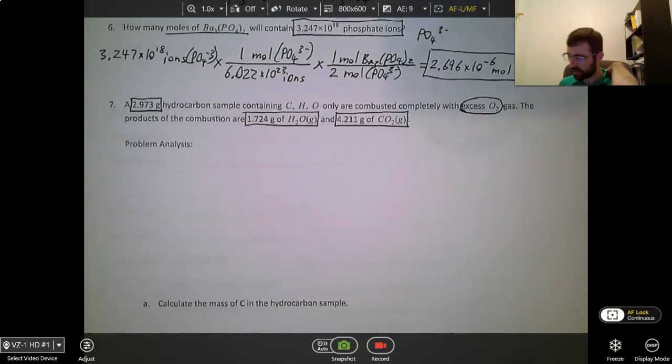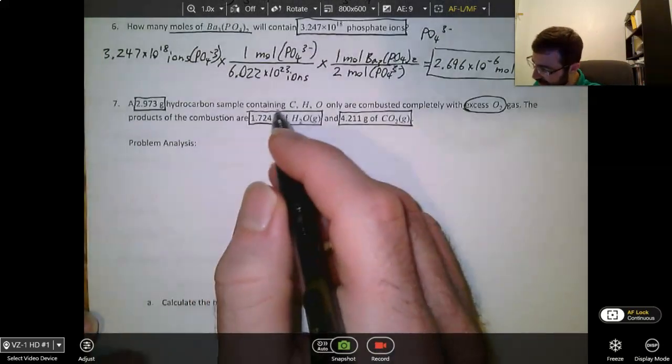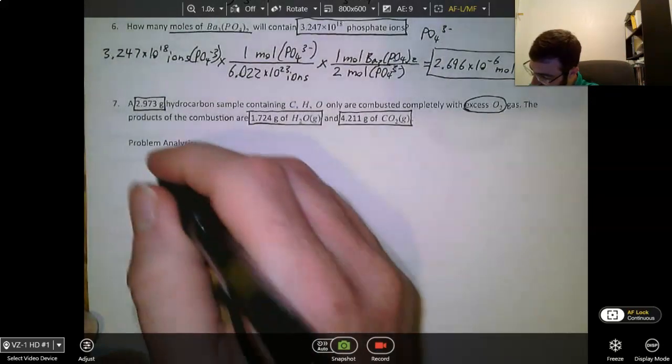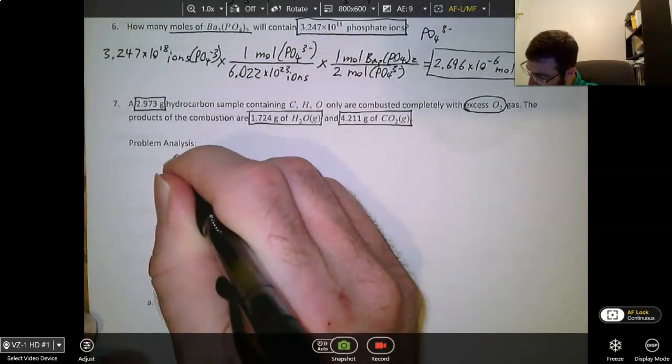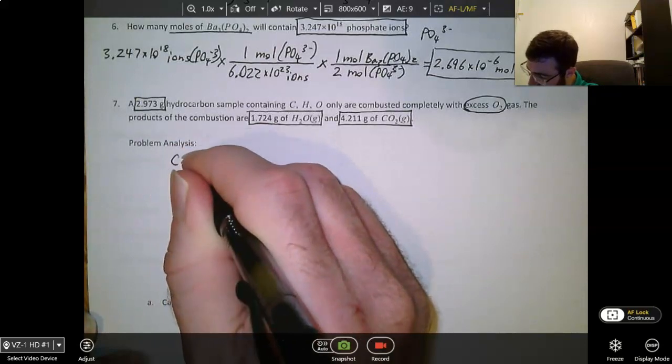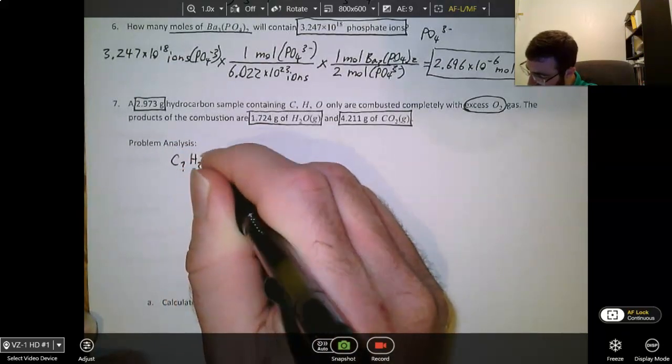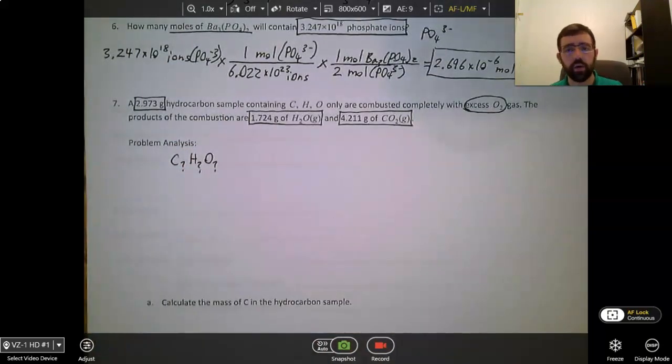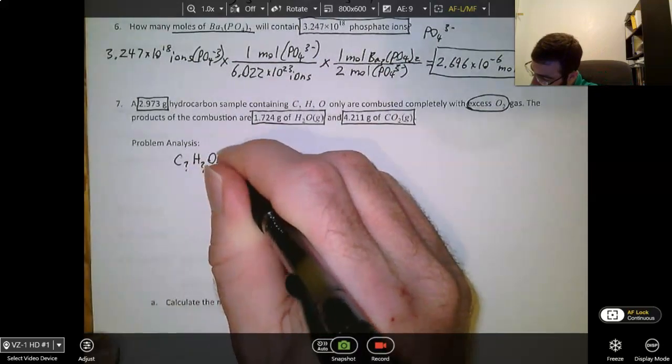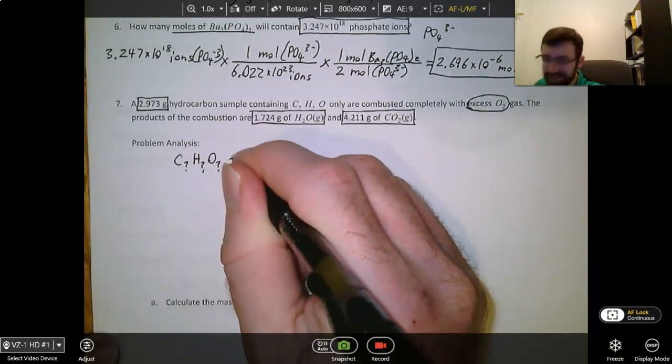So what I've told you is I have a compound that's made up of C, H, and O. So what I can say right off the bat is I have a compound with a formula that looks something like this. I'm putting question marks because I don't know how many of each atom we have. I have C, H, and O plus O2, which is in excess.